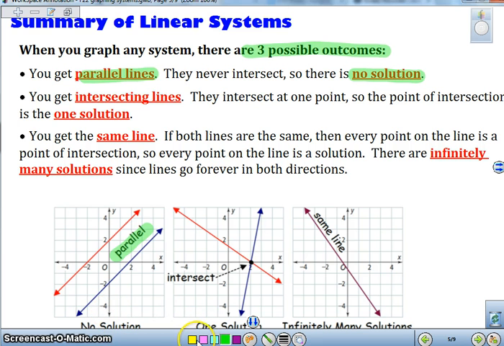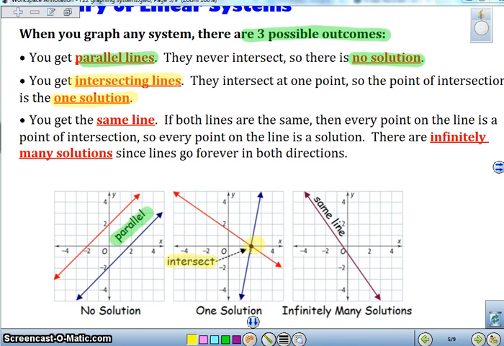The second case is intersecting lines, and that's what we've been doing for most of ours, where you have one solution. That one point is our point of solution. The last type is when you get the same line. The equations come out exactly the same.